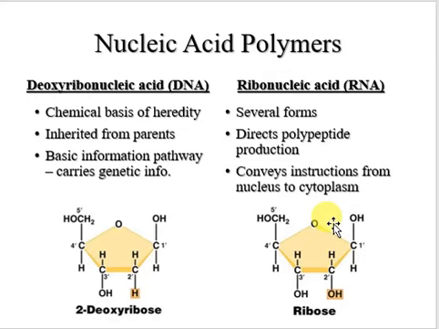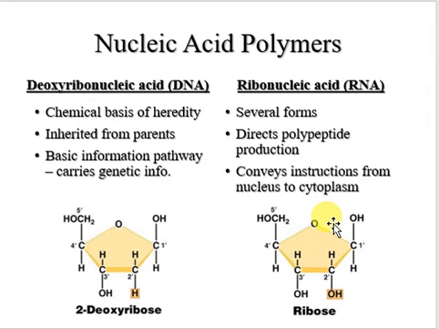So DNA provides the instructions for building proteins, and proteins are the molecular hardware of a cell that performs different operations or different functions. RNA is similar to DNA, but it's usually single-stranded, has a different structure to its pentose sugar, which we'll talk about in a moment.